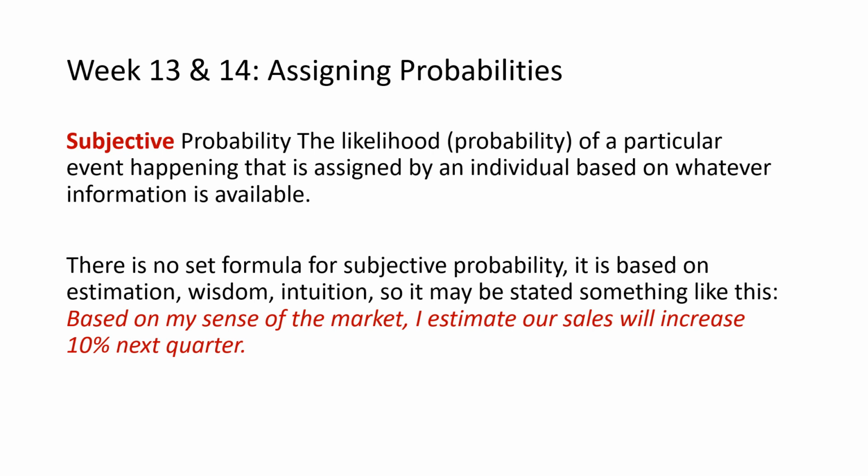But in this particular case, this type of probability, we don't really have a formula to plug in numbers to. If we did have data, if we did have some sort of empirical information that supports that, we would likely shift this back over to empirical probability. But if it's purely based on, say, intuition, then we would refer to it as subjective.